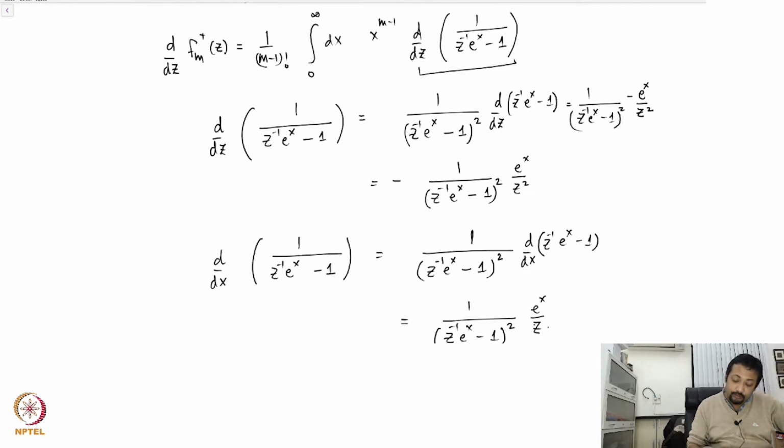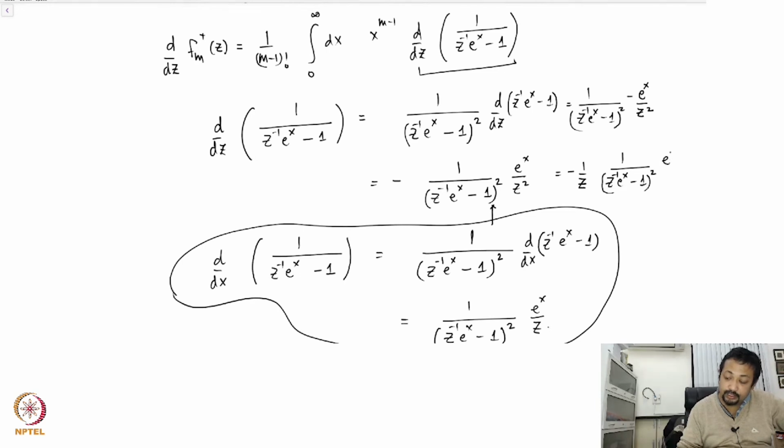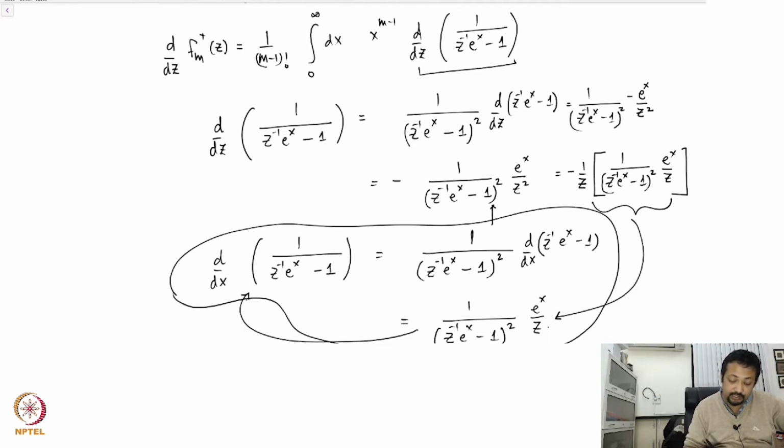So by looking at this that we have evaluated, and then I look at this expression, I can see that I can write down this as this, and then I can write down the rest of it as (z⁻¹eˣ − 1) whole square, eˣ by z. But surprisingly, this quantity is this, which in turn is this.